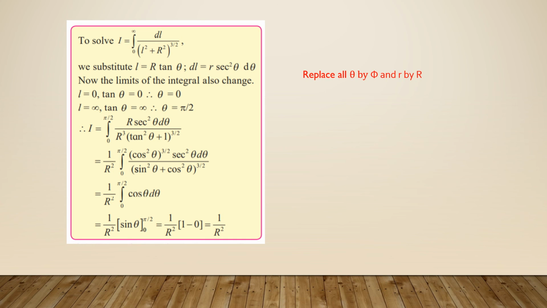Replace all theta by phi and small r by big R. With this substitution, the variable of integration is changed from dl to d phi and the limits of integration are changed from 0 to infinity as 0 to pi by 2. After this substitution, the integration can be easily evaluated as 1 upon R square.